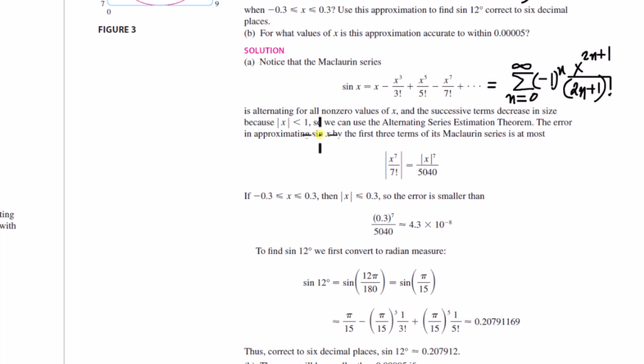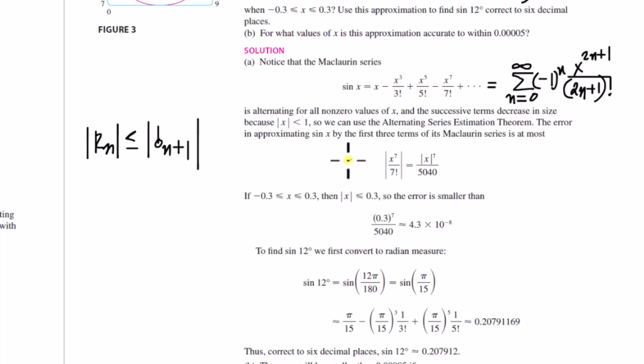In the alternating series estimation theorem, they call this b sub n plus 1, and the b sub n is like the absolute value of the alternating series. So you just remove that minus 1 to the n, and you're left with the b sub n. And the absolute value of the b sub n plus 1 term, that's the ceiling on the R sub n.